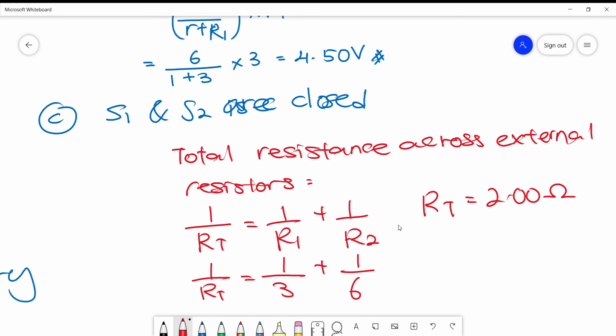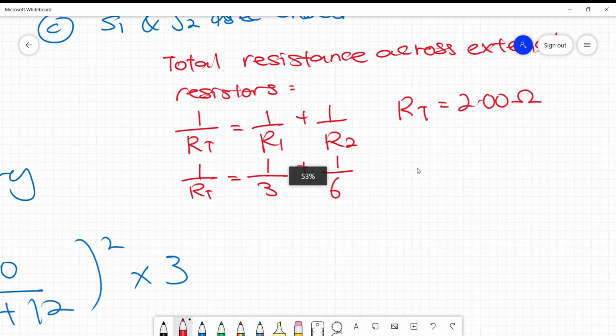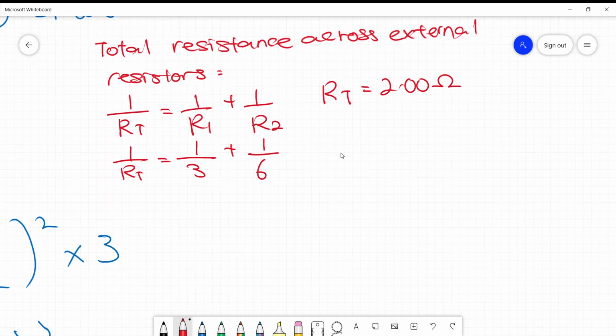After combining both resistors, I can find the terminal potential difference of the battery. The terminal potential difference equals the potential difference across the external resistors.